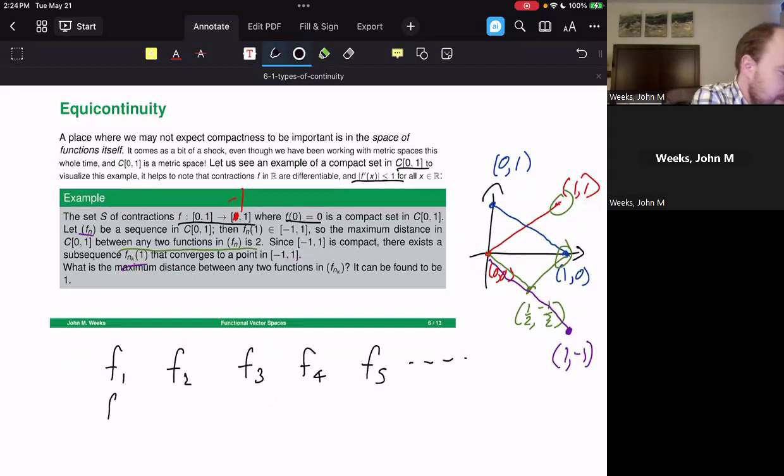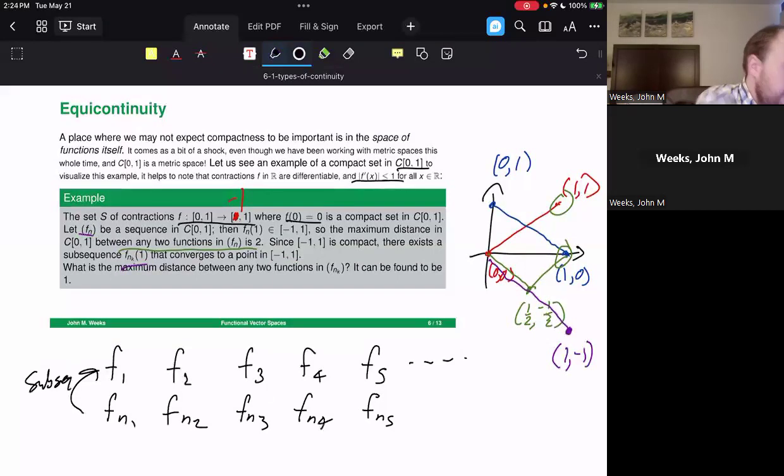So I'm going to have f sub n1, f sub n2, f sub n3, f sub n4, and f sub n5, where this is a subsequence of the sequence that comes above it. So there's f1, f2, f3, f4, f5, our original sequence.